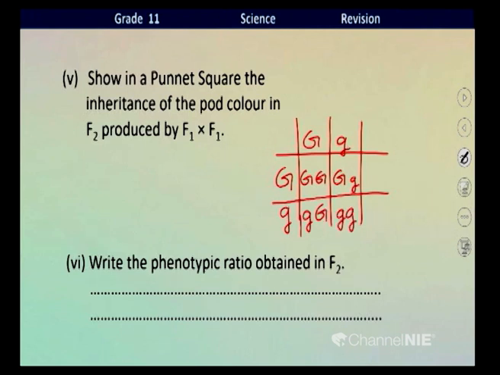This is the Punnett square. Then write the phenotypic ratio obtained in F2. What are the phenotypes here, children? Green pods and yellow pods. Green and yellow. Phenotypic ratio 3:1. Okay. This is the answer, children.